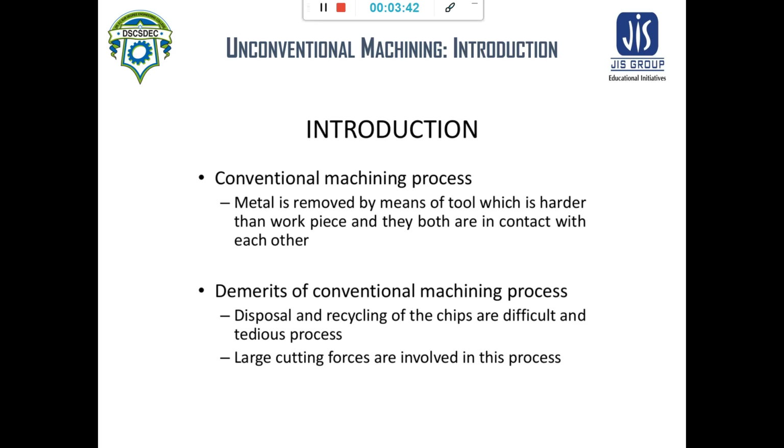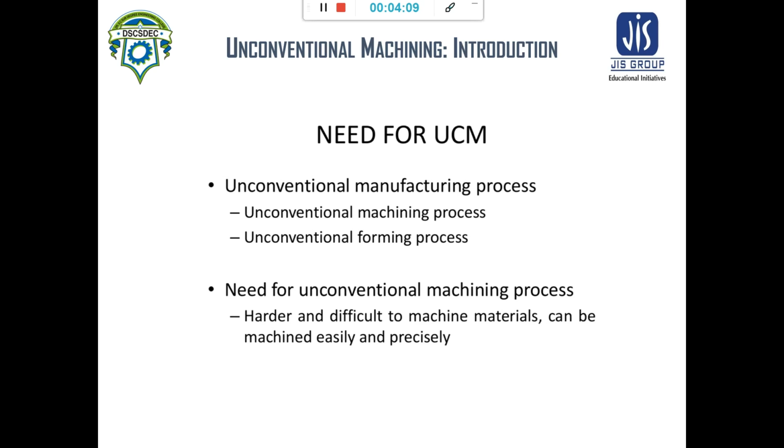That is why large cutting forces are involved in this process, and large cutting force will require larger power. That means power consumption is another issue. So there are two issues due to which we have to think about other processing methods. Those other processing methods are unconventional machining.